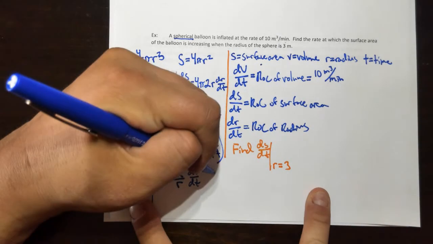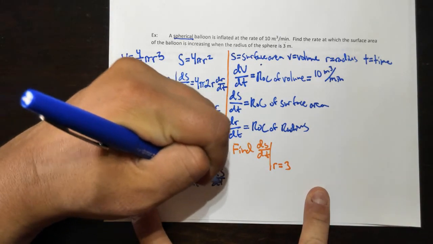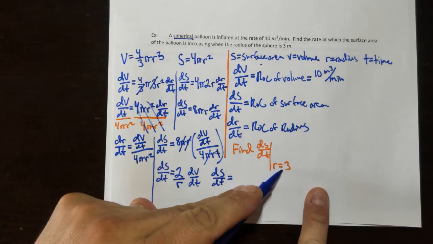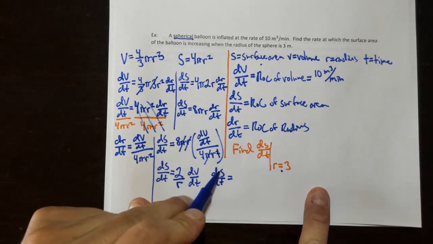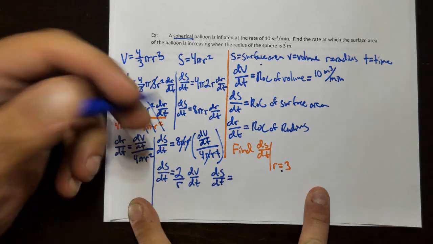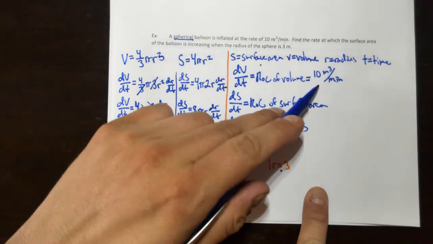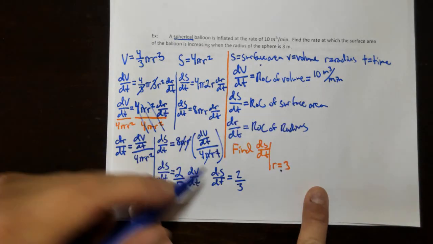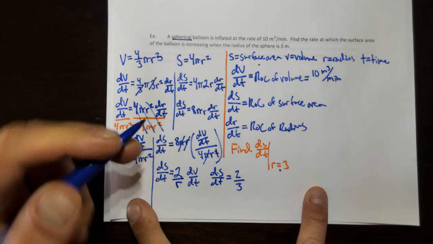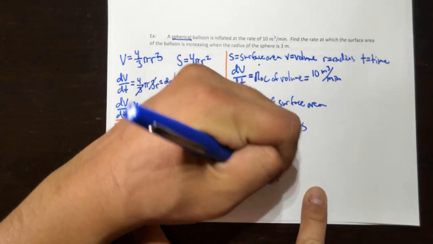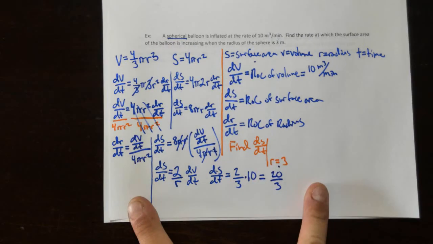So dS/dt is equal to 2 over r. Well, we want r to be 3. We want to know the rate of change of the surface area when the radius is 3. So 2 over 3 times 10, the dV/dt. So this is going to be equal to 20 over 3.